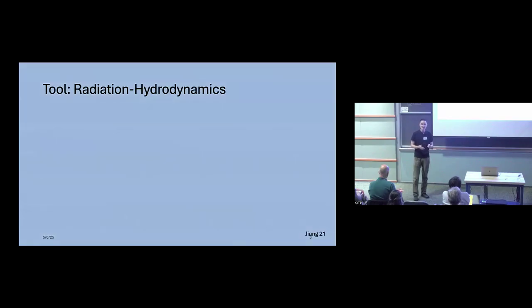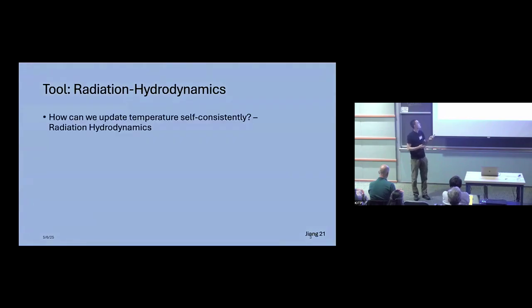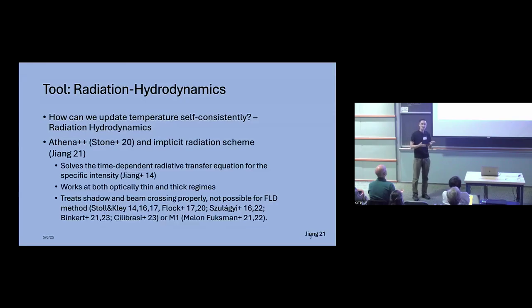And it's the right time to do this project because we have the tool to do this. I use a radiation-hydrodynamics code, namely Athena++, with its radiation module. This code can calculate the temperature in the disk self-consistently along with the hydrodynamics, and it can study both optically thin and thick regimes properly, and more importantly, it can treat the shadow and beam crossing problems.